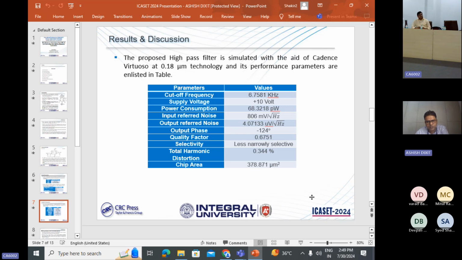Quality factor is 0.6751, selectivity less narrow selective, and total harmonic distortion is 0.344%. Finally, the chip area used is 378.871 micrometer square. Next, please.